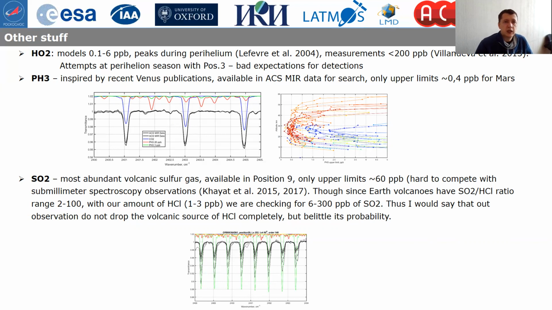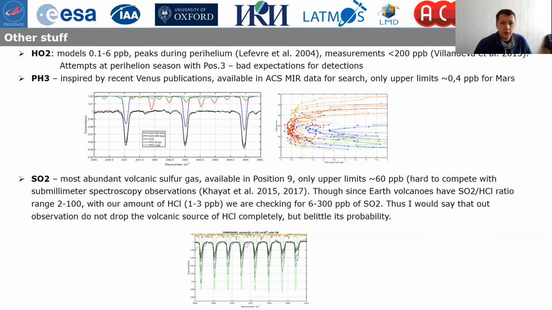Then phosphine, we were inspired by recent Venus publications and all this activity. We did check the Martian spectra around 4 micron, but we stayed on the upper limit. It must be said that phosphine was never actually considered as a science goal for Mars, but we checked it. It was interesting. Then for the SO2, I'm returning to sulfur.